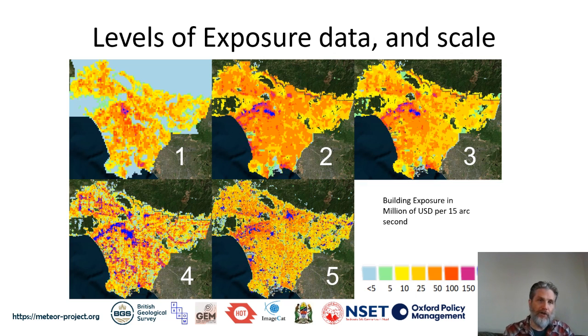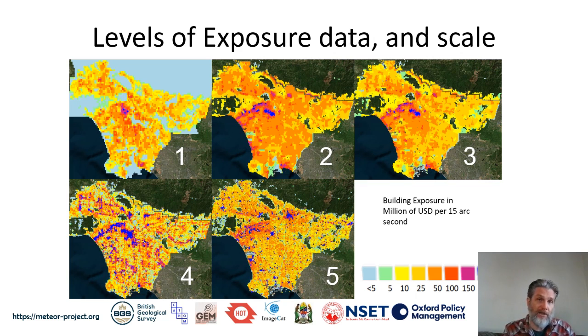So if you look at each of these, you can see that there's quite a bit of difference in terms of the spatial representation of, in this case, the value of buildings. As you go into level 3, 4, 5, you can see what's actually the Wilshire corridor coming up from the coast there. This line of purple gets more or less distinct, depending on which data source is used.